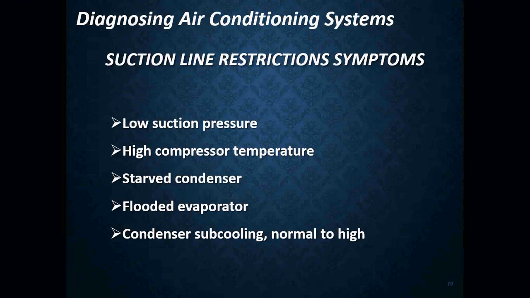So with suction line restrictions, some of the symptoms we can run into are really low suction pressure, high compressor temperatures, a starved condenser, a flooded evaporator, and your condenser subcooling could be normal or even high.